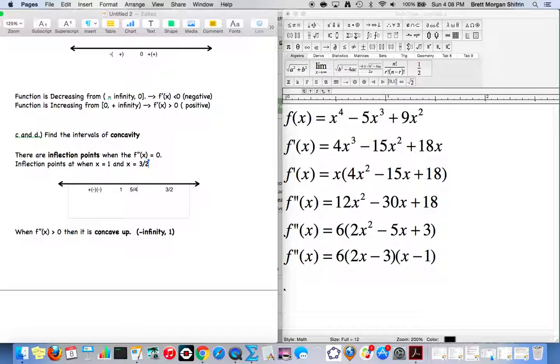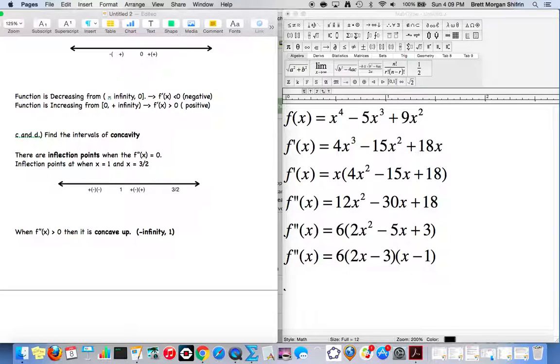Now, if I try an interval in here, so 5/4 is going to be a good number to try. If I try 5/4, then I know that I'm going to have my positive times 5/4. Well, that's 5 halves or 2 1/2, so I know that's negative. And if I put 5/4 here, I know it's a little more than 1, and that's positive. So I know that whole thing is negative.